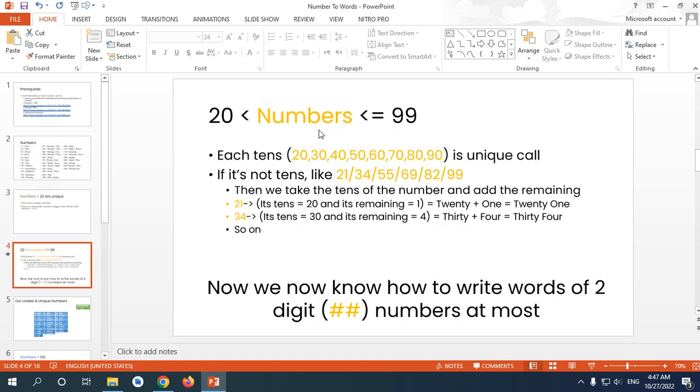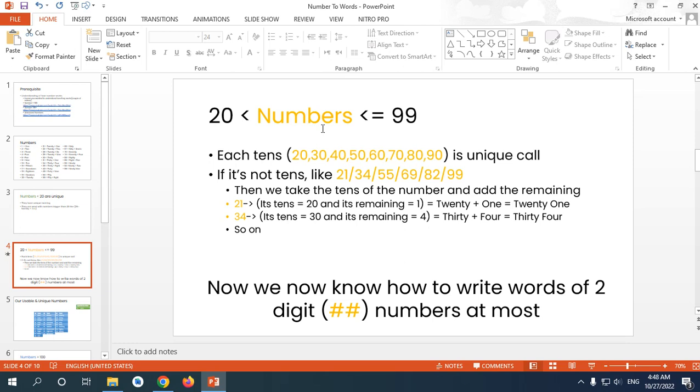So what happens in the numbers between 20 and 99? We have tens for each number, like 20, 30, 40. That's kind of unique, cool. It's a unique number, and you will be using it more in bigger numbers like 100 and so on.